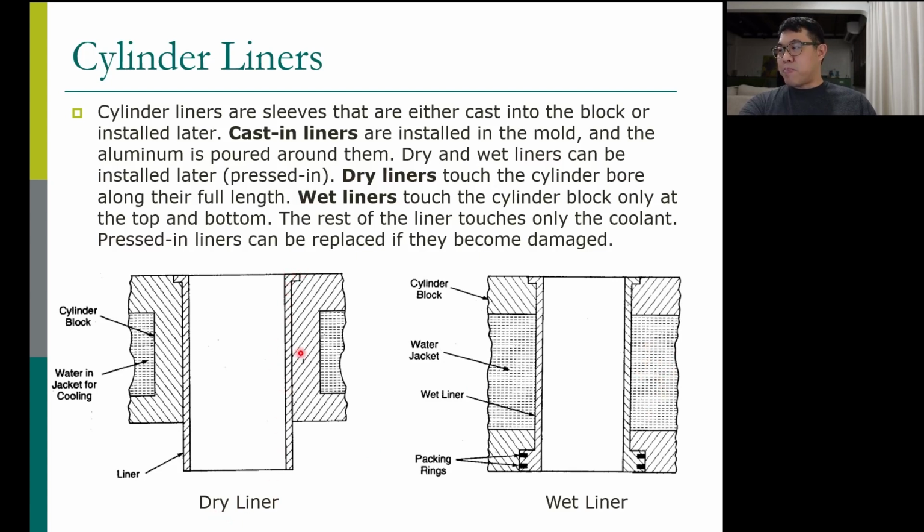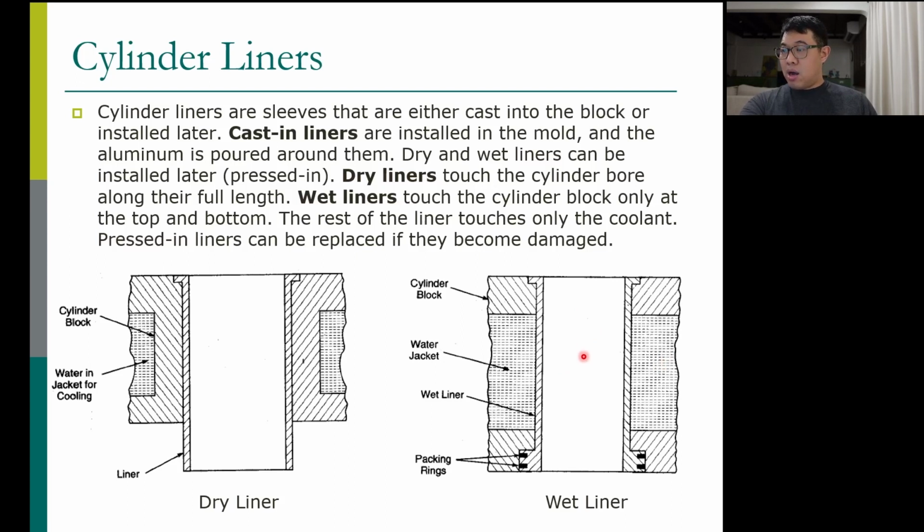It is backed by the engine block itself. But this liner is backed by the water jacket. So comparing the two, this one can be thinner because the back side of it is solid, right? This one has to be thick because the back side is water. It cannot help you push back, because inside the cylinder there is high pressure, right?